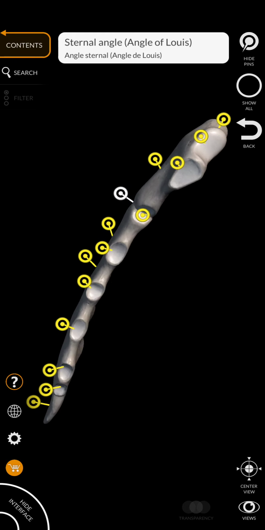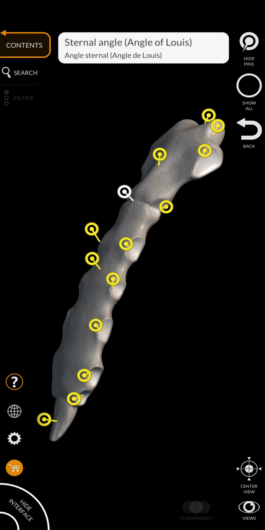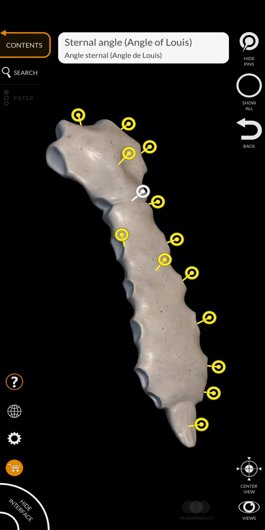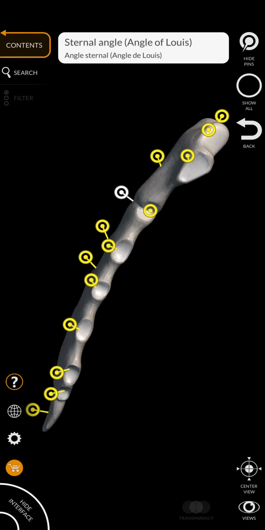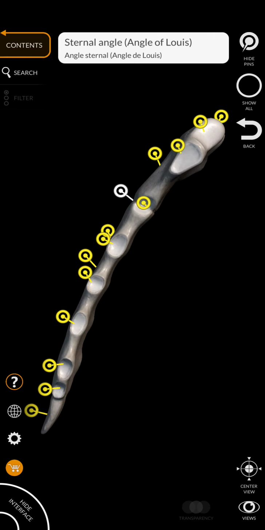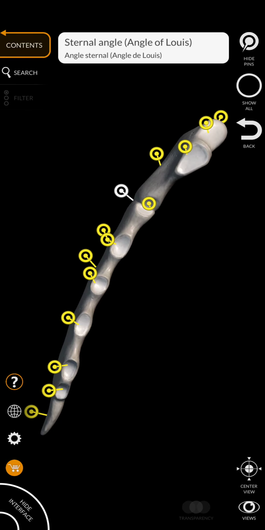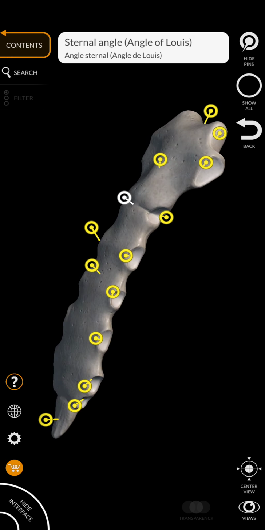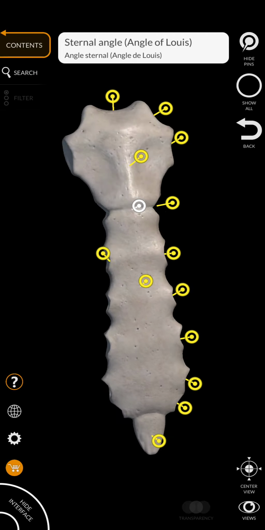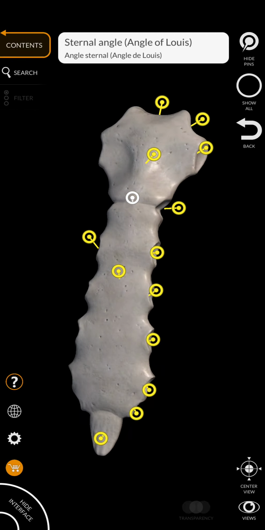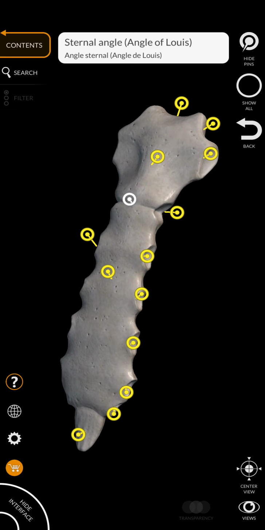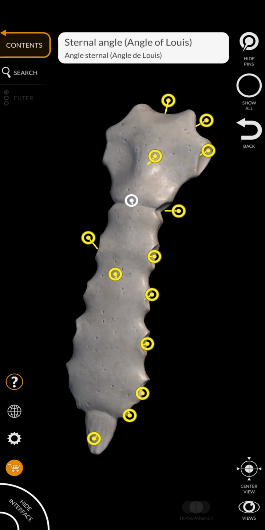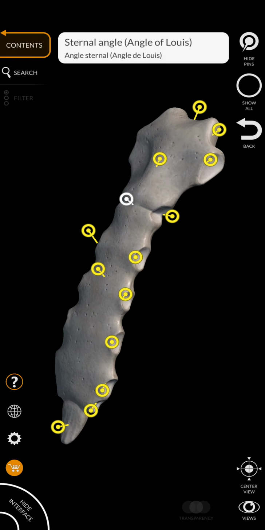And this angle is very important because later on, we're gonna study a very important anatomical region called the mediastinum. We're gonna have to divide this region into two parts, superior and inferior, dependent on a plane that goes through this angle.